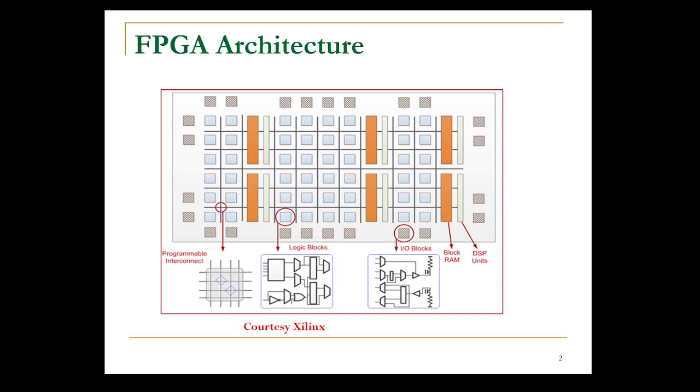A schematic representation of a field programmable gate array architecture is displayed. At the boundary, we have a block which we call input or output blocks. The input or output blocks comprise multiplexers, various flip-flops and many logic gates.